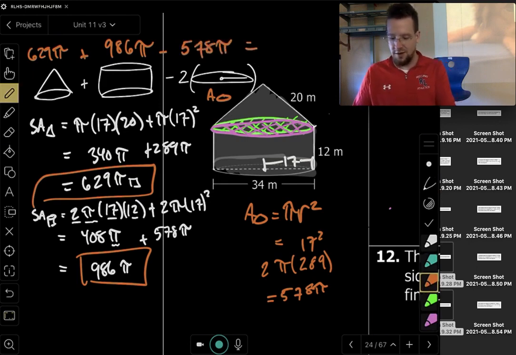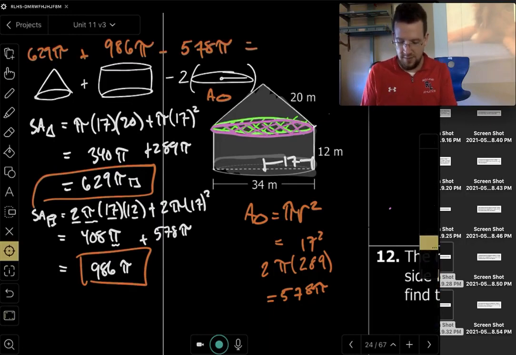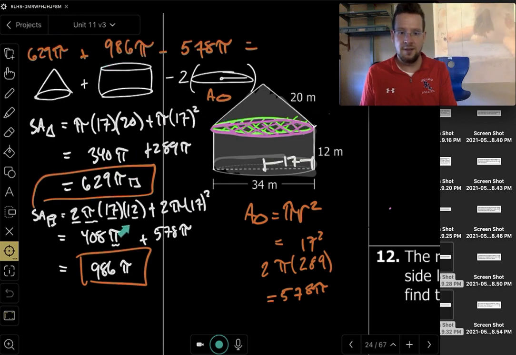I'm going to put this all into the calculator, and that's going to be my answer. So again, 629 pi, that's the surface area of the cone. 986 pi, that's the surface area of the cylinder. And we're going to subtract the overlapping pieces. And the overlapping pieces are these two circles here. And then I'm going to subtract that area of those two overlapping pieces.